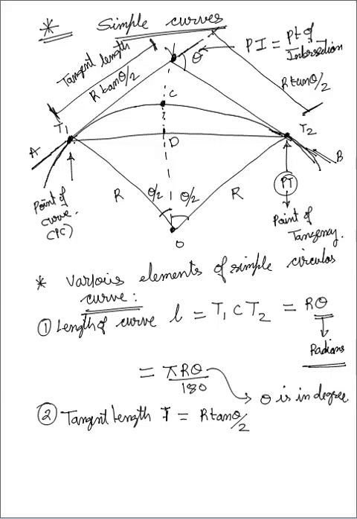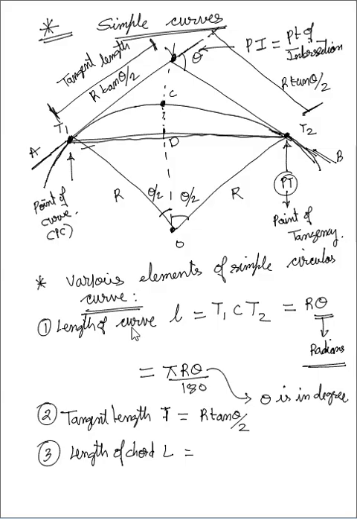Then the third element is the length of long chord or length of chord, L. It is basically the distance from point T1 to T2, this is your chord. Let me change the color so you can see.